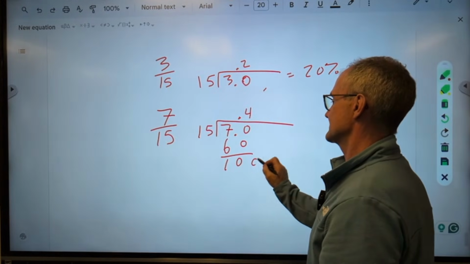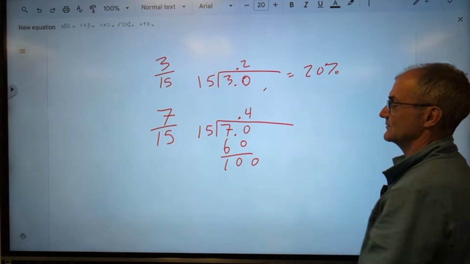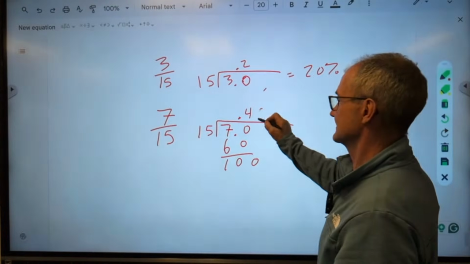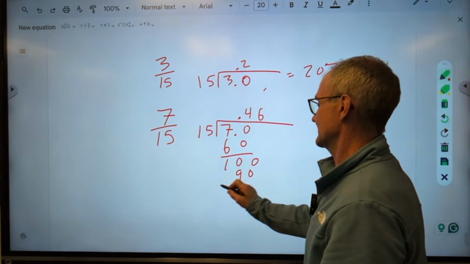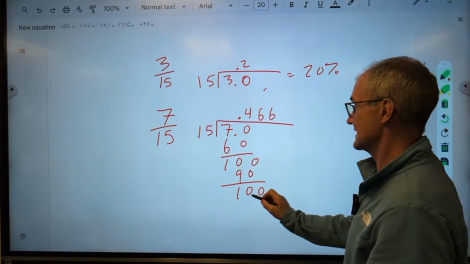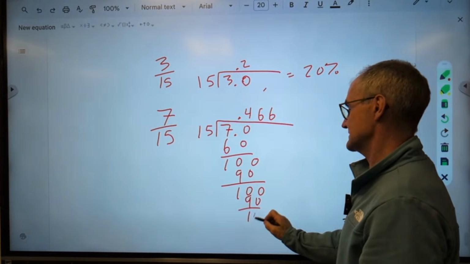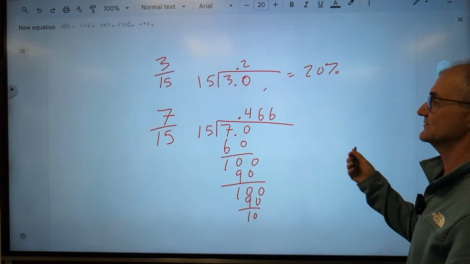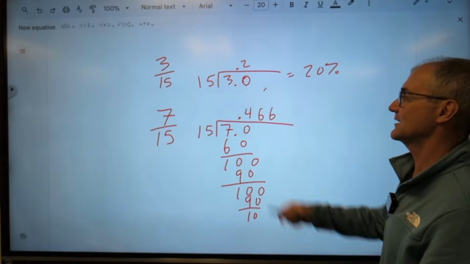Bring down another 0. How many times does 15 go into 100? 6 is 90. Bring down another 0. 6 is 90. And I could see this is just going to continue on forever. So the way I say it continues on forever is I put a little bar on there.